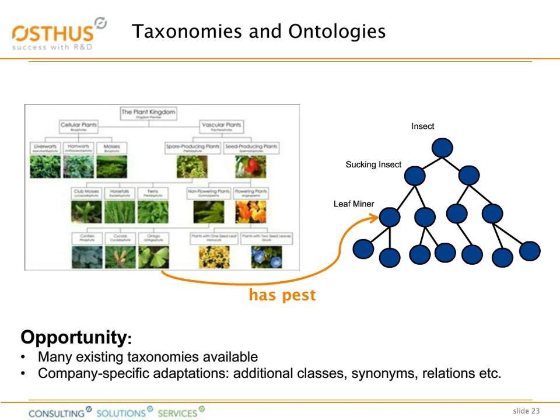So, for example, if you have an experiment that a certain plant has been infested by a certain type of leaf miner, you can include that knowledge and augment these kinds of systems in your internal environment. And so essential here is that it is possible to reuse it, but adapt it to your specific business and application needs. And we can help you achieve these goals.